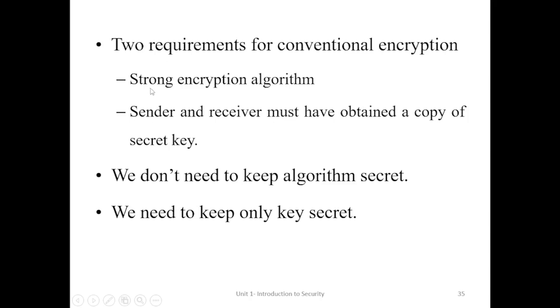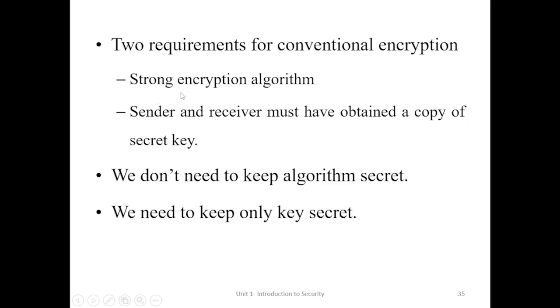One is a strong encryption algorithm, and the second is that the sender and receiver must have obtained a copy of the secret key. If the sender and receiver have the secret key, they can do decryption or encryption. These are the two main requirements that should be considered for designing a conventional encryption model.